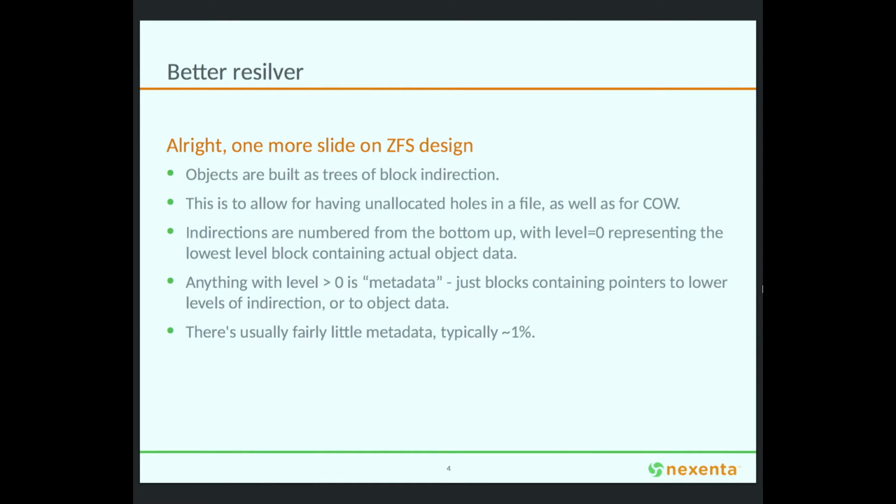So these objects are, to many file system gurus, they know that the only sensible way to design such a data structure is as a tree-like thing with lots of indirection in between. This allows us to not have a fixed size of an object, to punch holes in it, have pieces of it that are missing, and things like our copy-on-write structure, so we are able to reallocate a file.